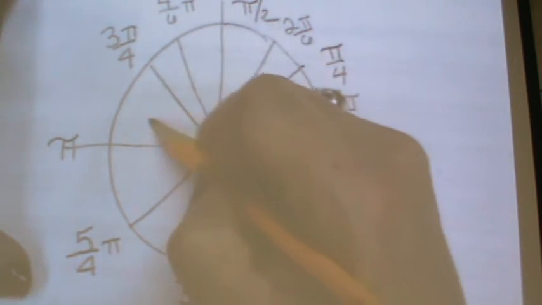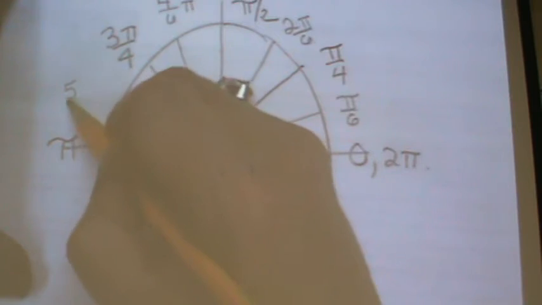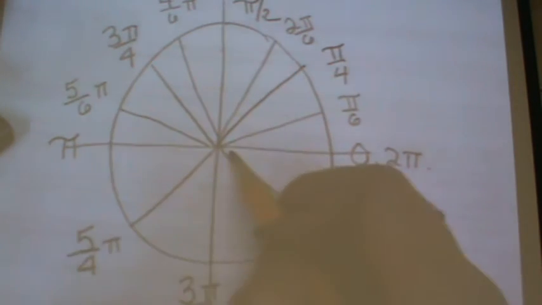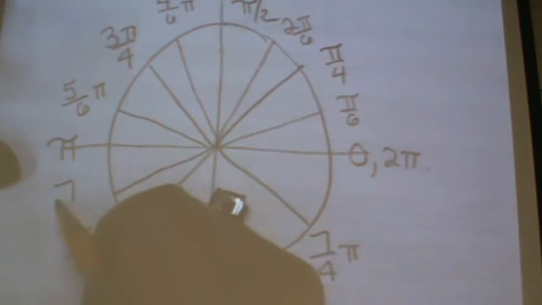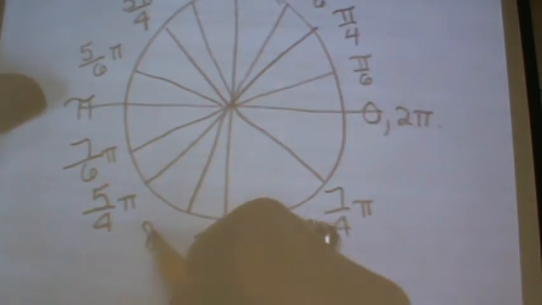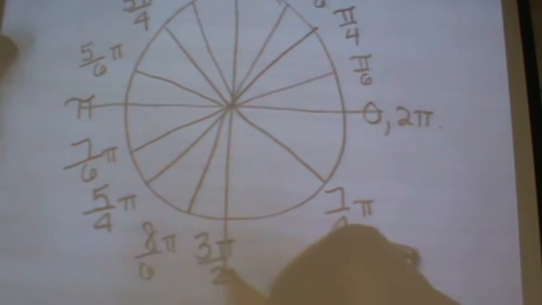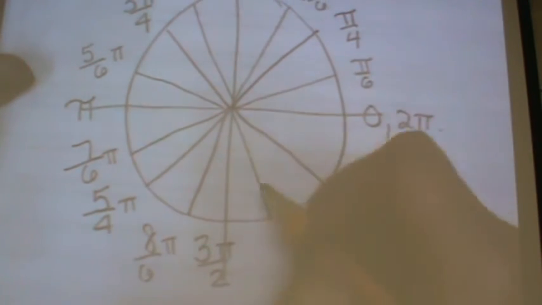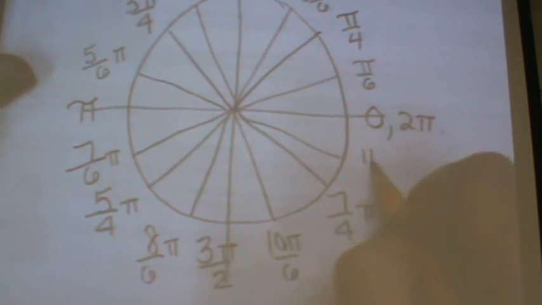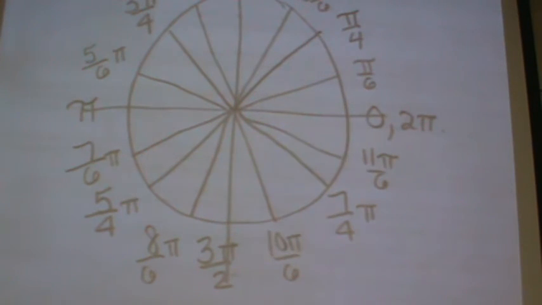Yeah, you can reduce these. 5 6ths, 6 6ths, 7 6ths, 8 6ths, 9 6ths, 10 6ths, 11 6ths, and 12 6ths. I do that. That helps me.